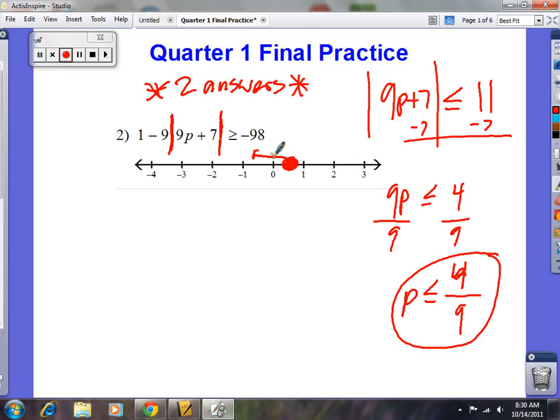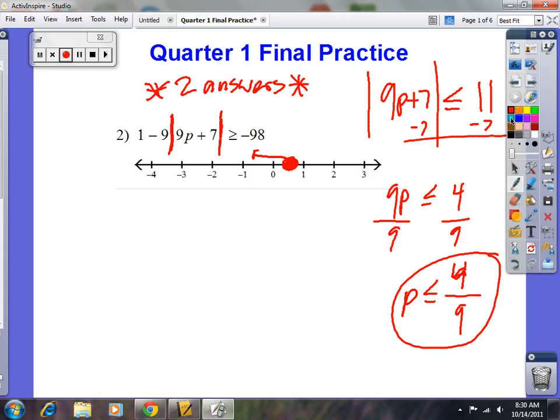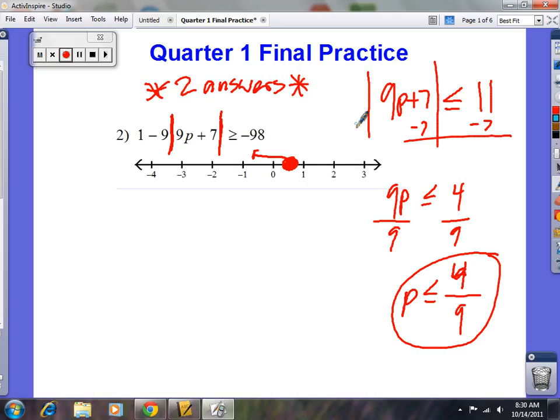Okay, now that's only one answer. I know I'm going to have two answers. I need to anticipate two answers. So for the second answer, you have got to start right here. You don't start back at the very beginning. You start at the point that you got the absolute values all by themselves.